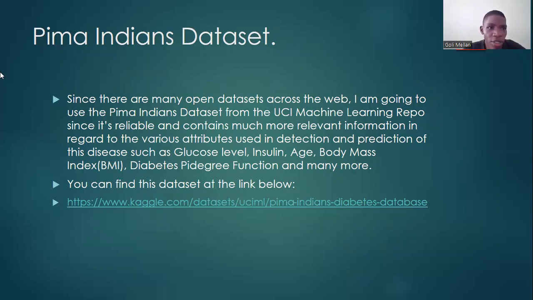This data set majorly contains information about females with some attributes that we require. It consists of glucose levels, insulin, the age of the person, the body mass index or BMI, the diabetes pedigree function, and many more.